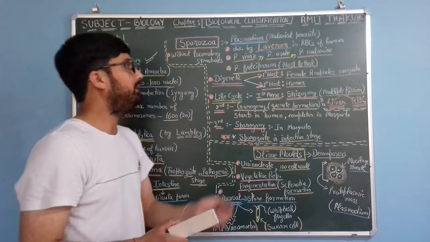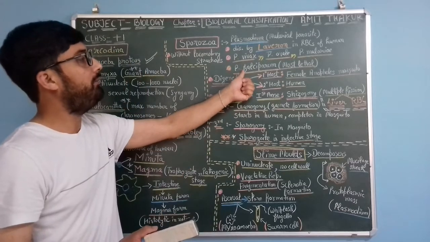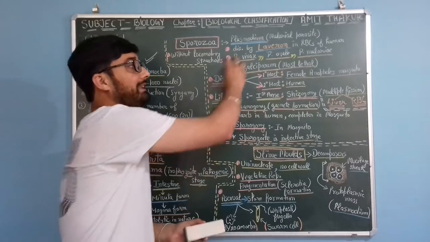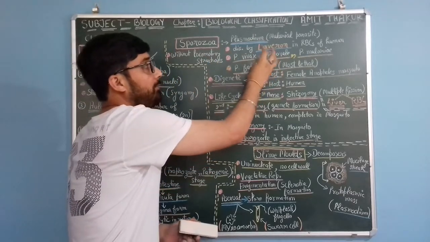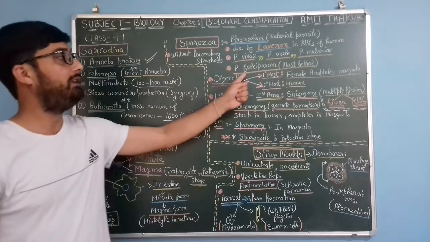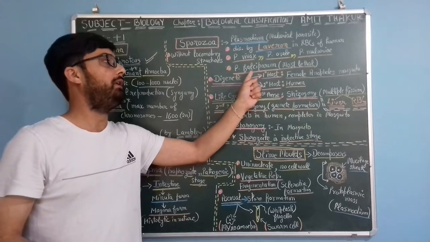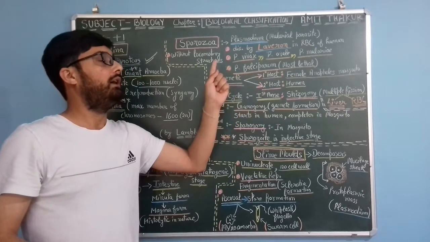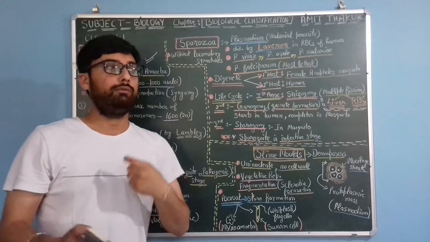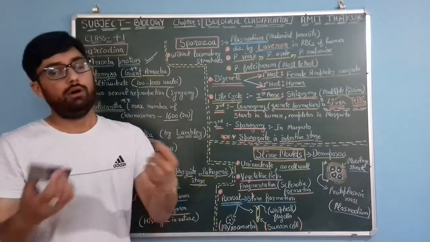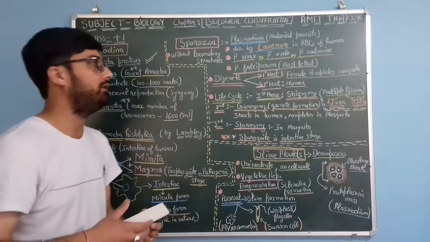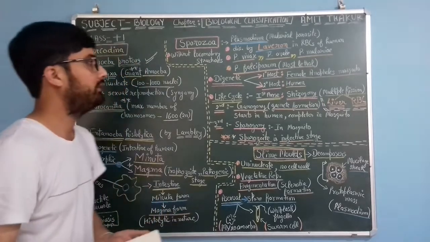But Plasmodium falciparum is the most lethal, the most dangerous among all these species. It causes around 44 to 45,000 deaths every year all around the world, especially in the African continent.